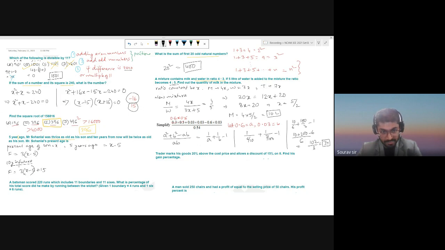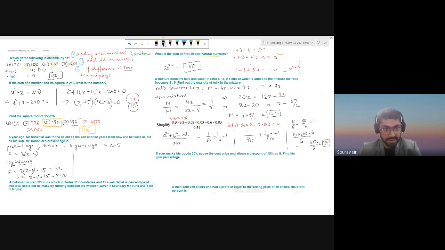So he has to come forward 5 years to get to the present time, and then 10 years. And the son's age will be X minus 5 plus 15. So this is 3x minus 15, 3x. And this is X plus 10.